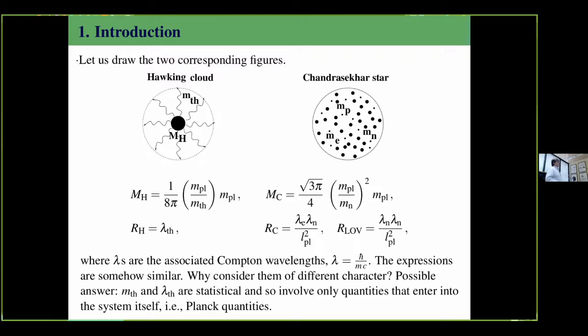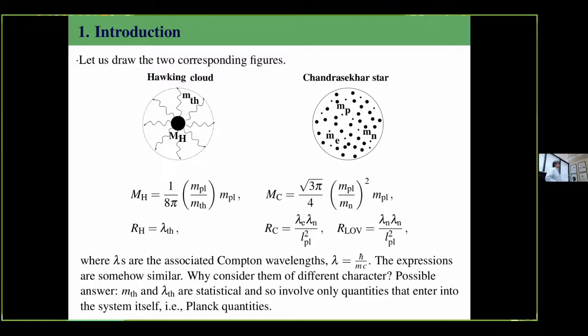We can also calculate the Hawking radius, or the hole radius. And if you do the calculations, you see that it is of the order of the wavelength of the emitted particles, lambda thermal. You can do the same for the Chandrasekhar star, and you get that mass, as we have seen. So here is the Chandrasekhar star full of protons, neutrons, and electrons.